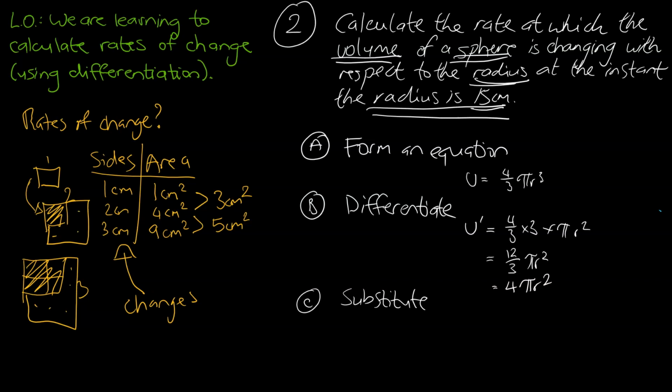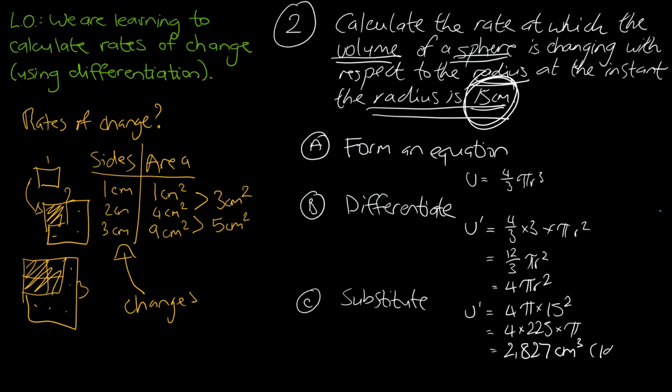So we've been asked about the radius at the 15 centimeter mark in the question. So we're going to substitute that 15 as our radius. So there we go. So we've got 4 pi times 15 squared. If we figure that out, so 15 squared is 225 times pi. All of that becomes 2,827 centimeters cubed, and that is rounded to 1 dp.